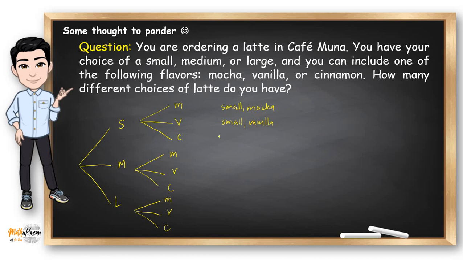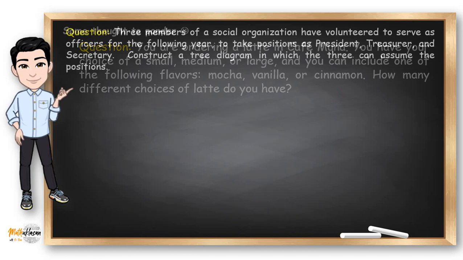Then we have here small, and then cinnamon. Okay. So there are different ways, and by counting all these possible lists, we have how many? We have three for this. Okay, we also have three ways here, then another three here. That is for a total of 9 ways. So we have shown all the possible ways by using a tree diagram.